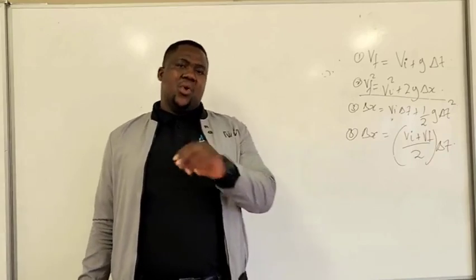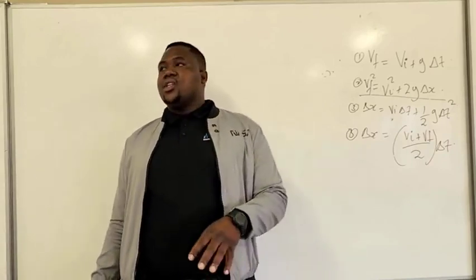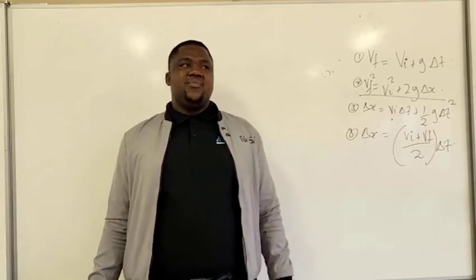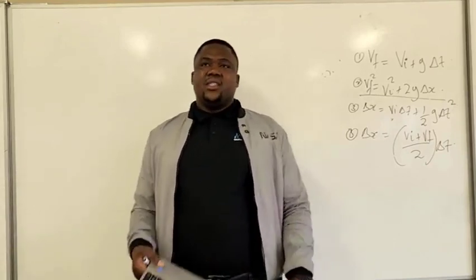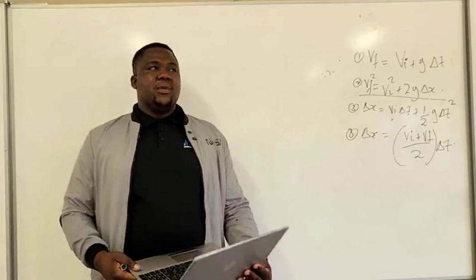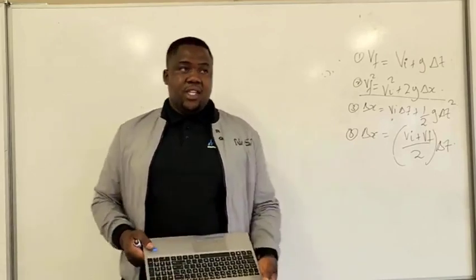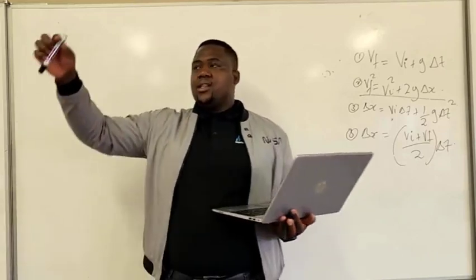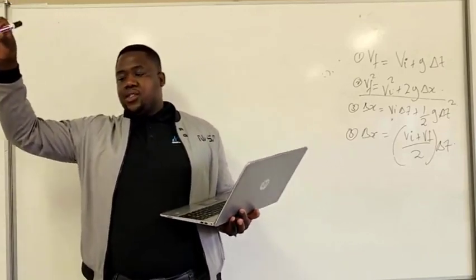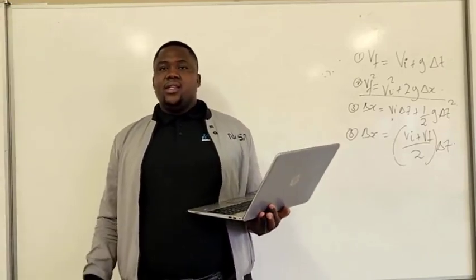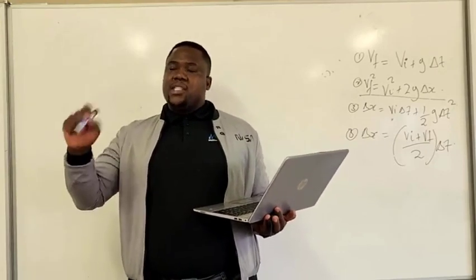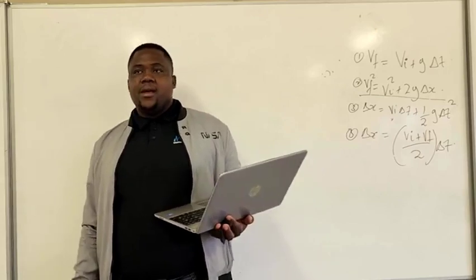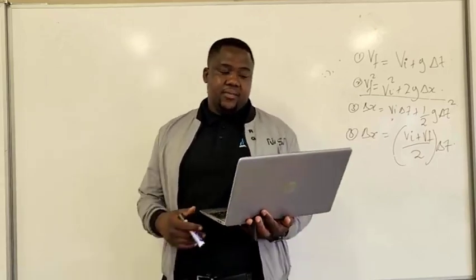You need to write the word only, because if you do not write the word only, it means something else. What it means is that whenever an object is falling, the only force which must act is gravitational force only. So that is a projectile.